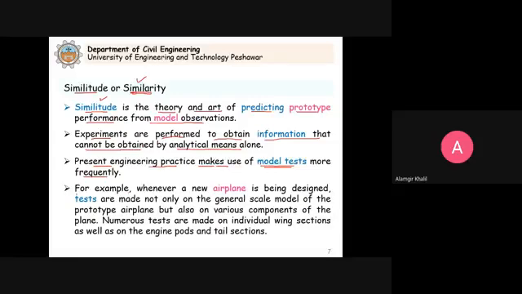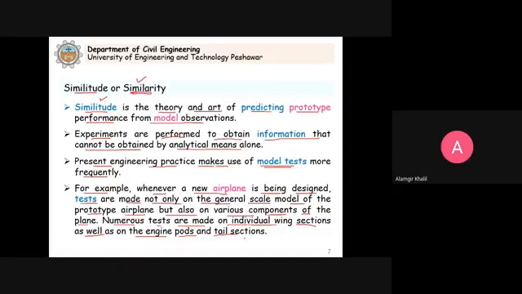So for example, whenever a new airplane is being designed, tests are made not only on the general scale model of the prototype airplane, but also on various components of the plane. Numerous tests are made on individual wing sections as well as on the engine pods and tail sections.